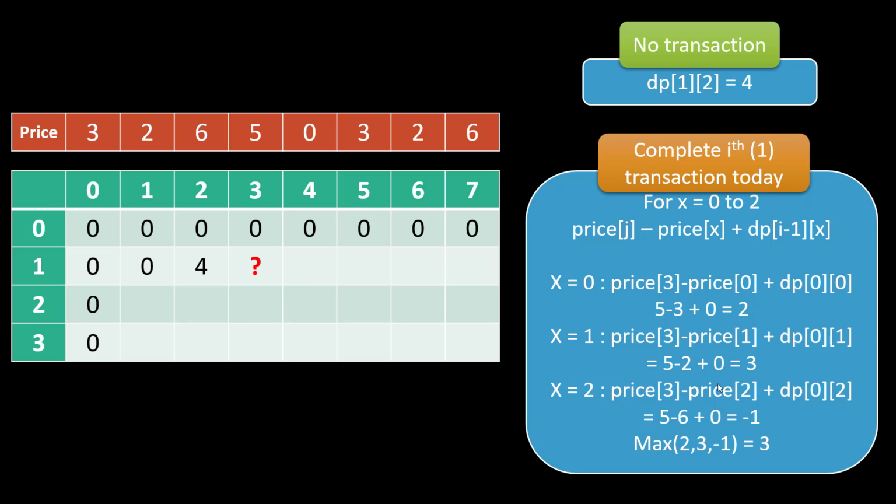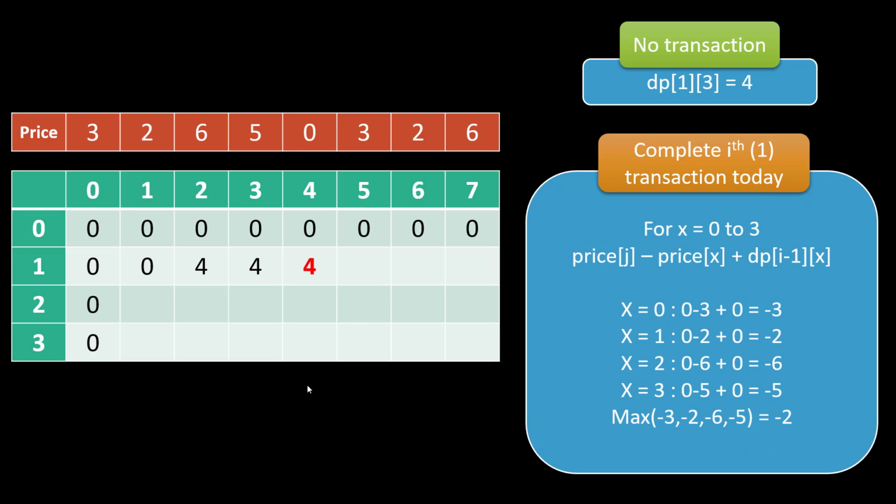So substituting that 0 over here, we get the profit as 4, because max of 4 and this max of all these is 4. So let's put that over there and move ahead. Similarly, when you move ahead, you get the profit as 4 for this particular day also.